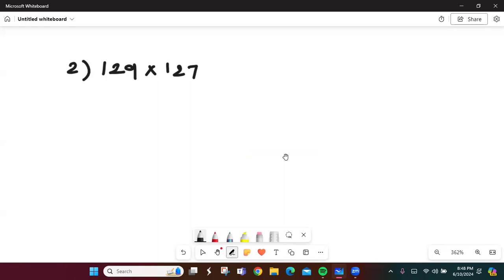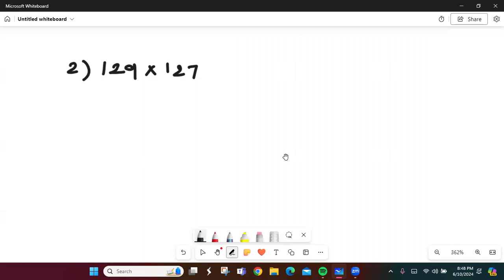So the next problem I'm taking here is 129 multiplied by 127. Now here, 129 and 127, both of these are three-digit numbers. So the standard base is 100.